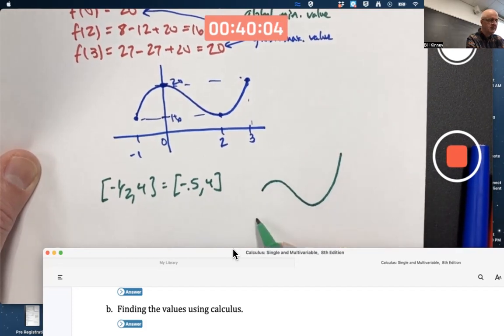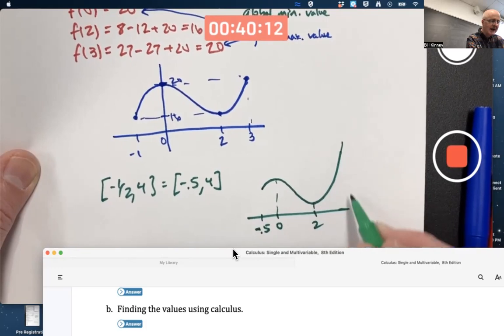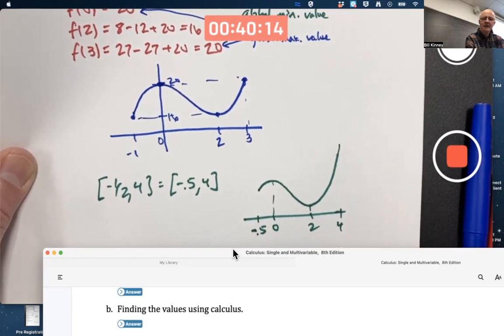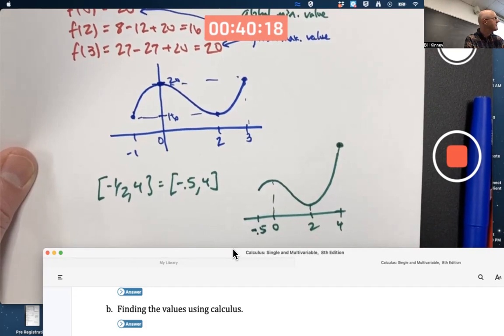Over that interval, that'll be -0.5 there. This will be 0 still. This will be 2 still, but now at 4, it'll be pretty high. The global max value will occur at the right endpoint, and the global min value will occur at this critical point. The global min value will still be 16.